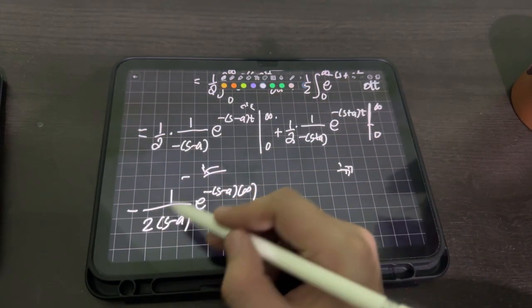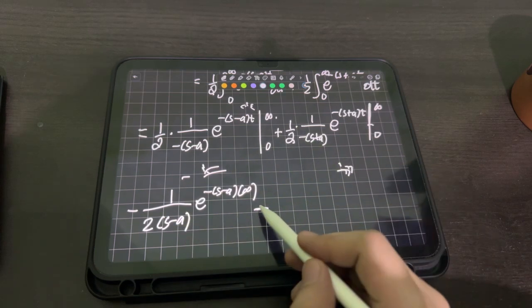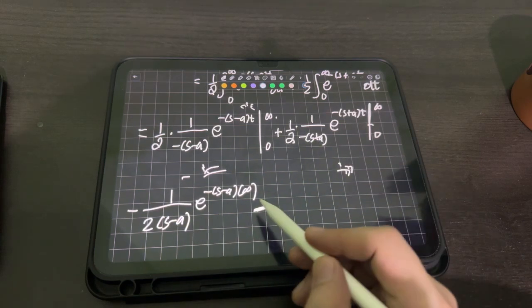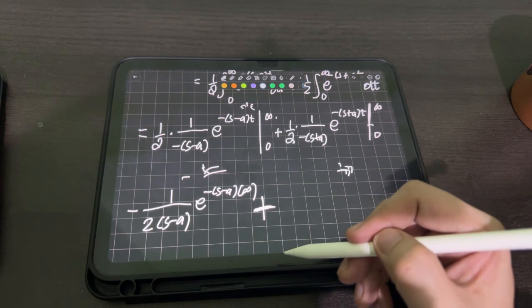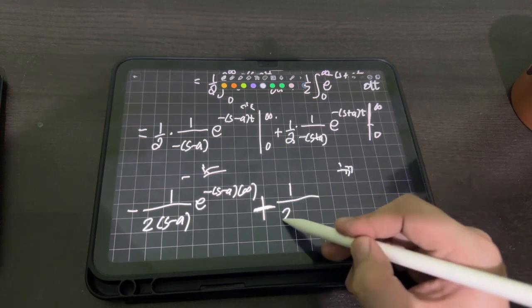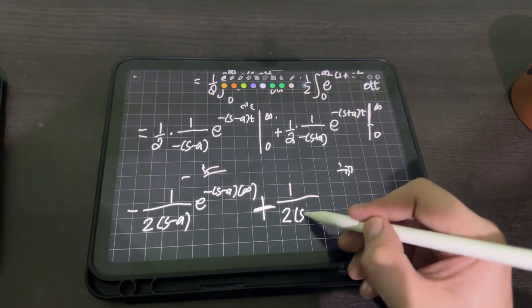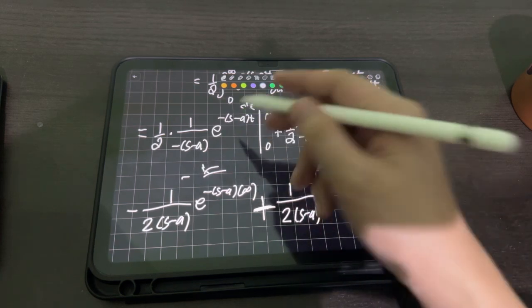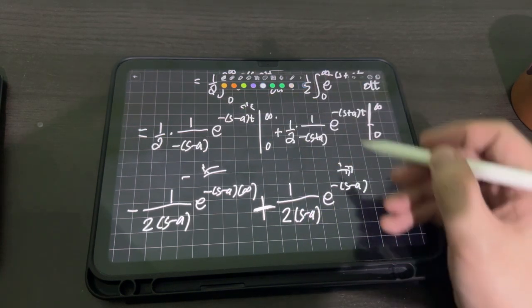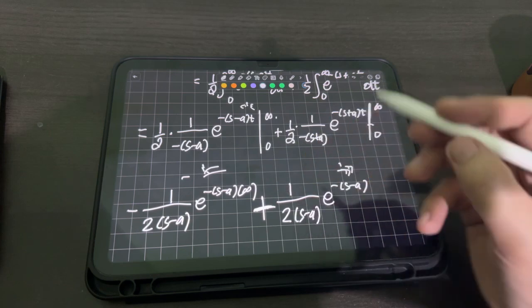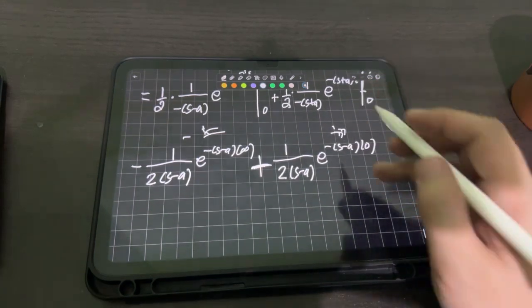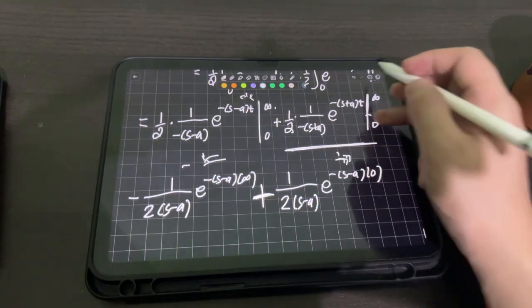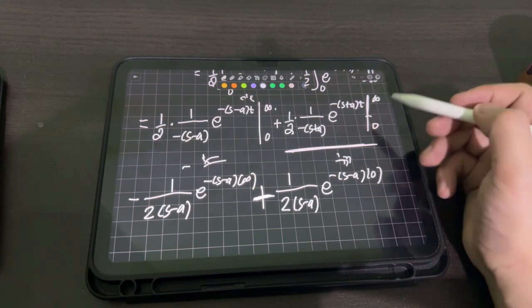Since we have negative 1 over 2 times s minus a, and we have another negative here, this will become positive already: 1 over 2 times s minus a, then e to the negative s minus a, t, which is replaced with the lower limit 0.